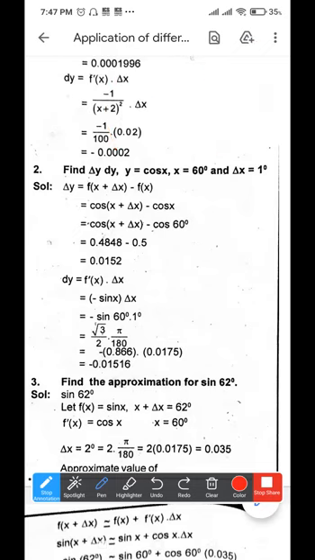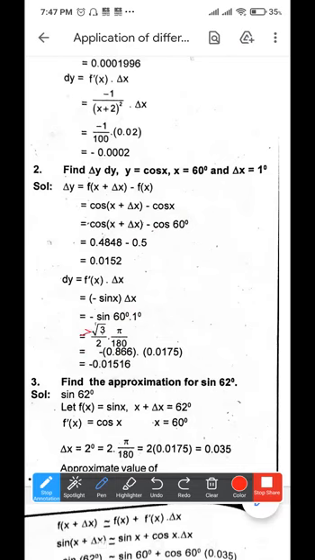Okay. So instead of 1, pi by 180. Sin 60 is root 3 by 2. Cos 60 was 1 by 2. Root 3 by 2, minus.